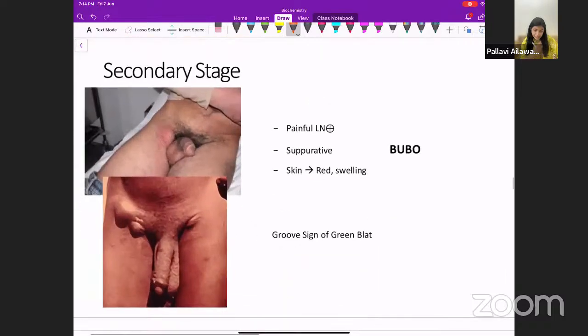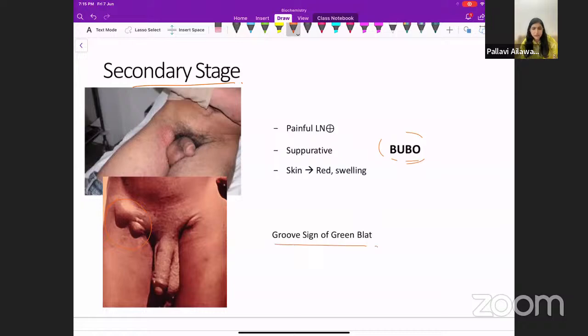See, this is the groove sign of Greenblatt that is there in LGV. Patient presents with painful suppurative lymph nodes. There is no genital ulcer. That is why LGV was not written in the differentials of genital ulcer. I had only written 2 here, 2 there. LGV, patient does not present with genital ulcer. Patient presents only with a painful suppurative lymph node. That's a bubo.